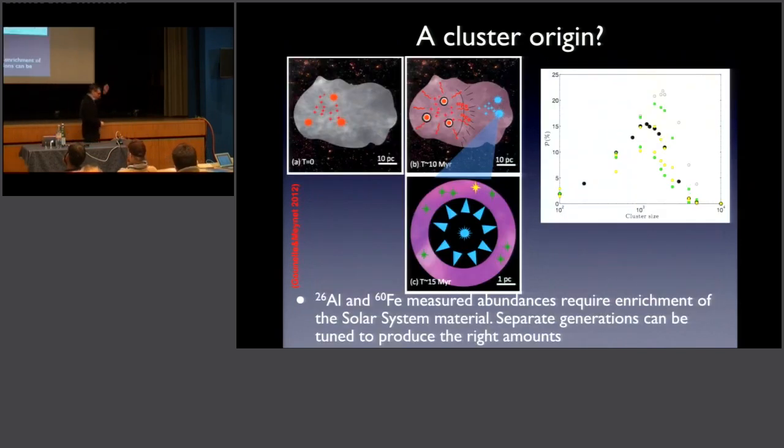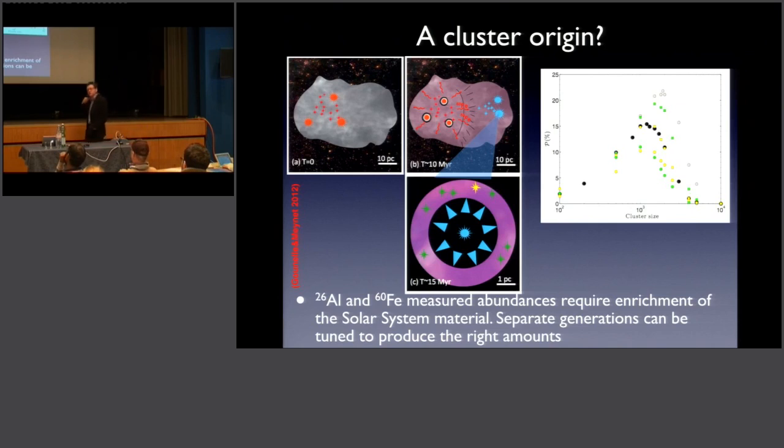Another possibility is a refinement of this type of model, in which you have a first generation cluster in a molecular cloud with massive stars, say. Then some of these massive stars explode, and they pollute the molecular cloud with iron-60 and aluminum-26.